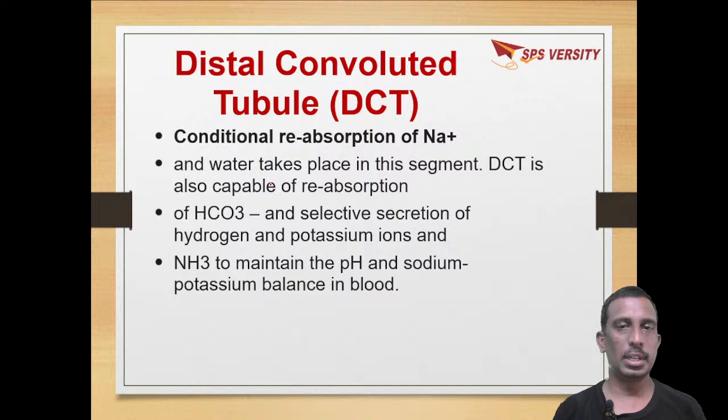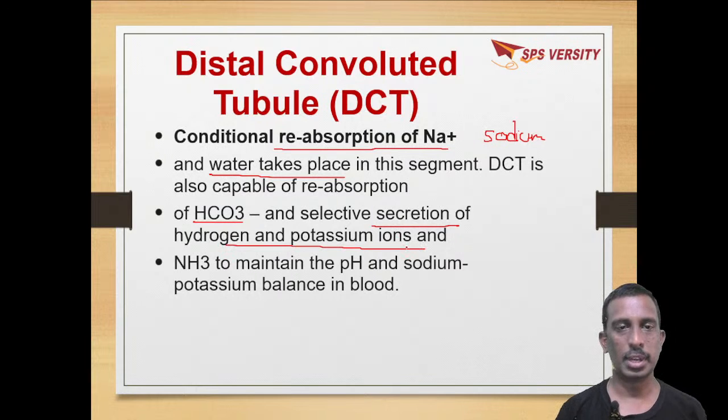Here in the distal convoluted tubule, there is reabsorption of sodium and water, as well as bicarbonate, HCO3 minus, and selective secretion of hydrogen and potassium ions, and ammonia, to maintain pH and sodium potassium balance in the blood.